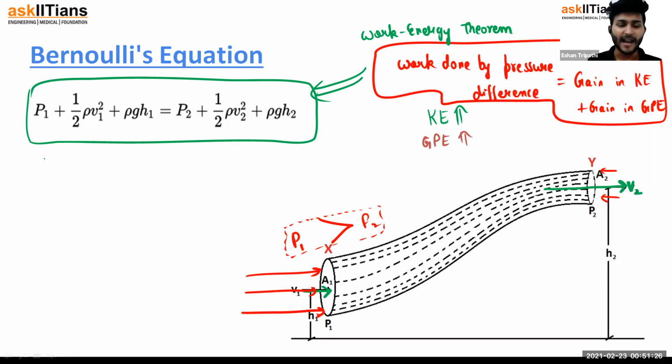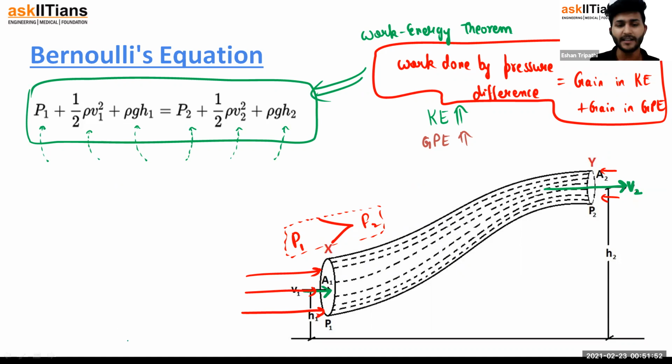So the equation says pressure at any point plus half rho, rho is density, into velocity square is equal to the same quantity at that other point. That is what this equation says.